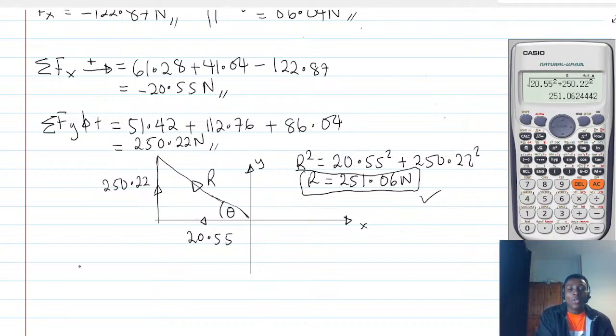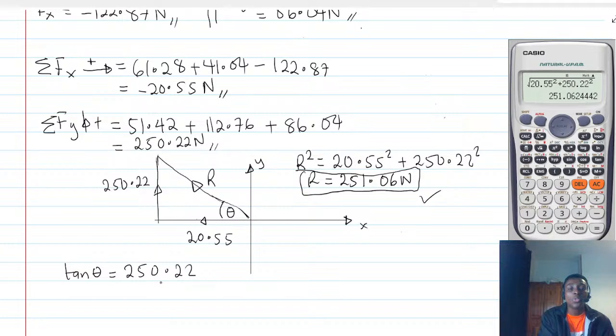Now, using our trigonometric ratios, tan theta is going to be what? By the way, we can use sine or cosine, right? But in fact, you can use tan because you know x, you know y straight away.